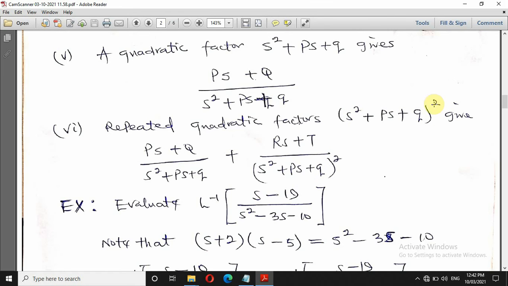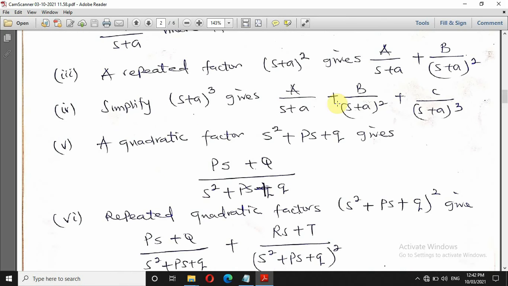Let's assume the power is 3. Then it's divided by (x² + px + q), plus divided by (x² + px + q)², plus divided by (x² + px + q) raised to power 3. This is the principle: if it's power 3, then over (x + a), over (x + a)², over (x + a) raised to power 3.